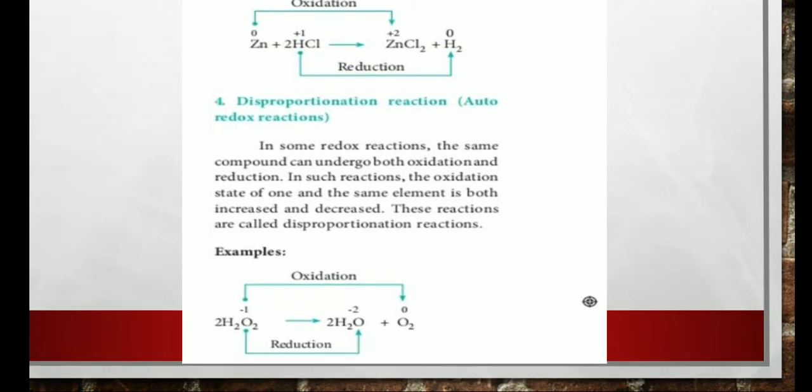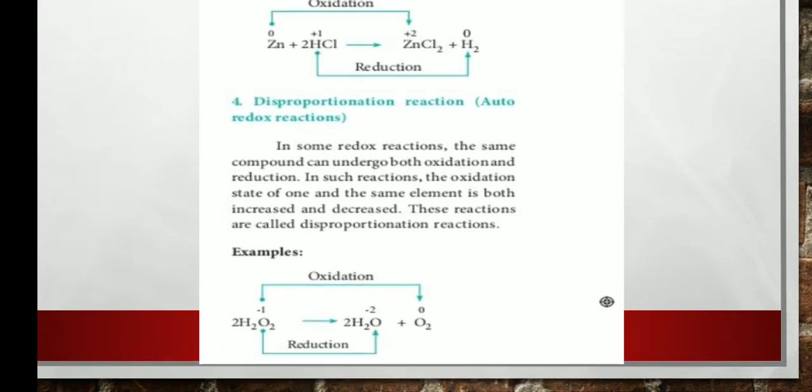And disproportionation reactions are auto-redox reactions. In some redox reactions, the same compound can undergo both oxidation and reduction. In such a reaction, the oxidation state of one and the same element is both increased and decreased. These reactions are called disproportionation reactions.